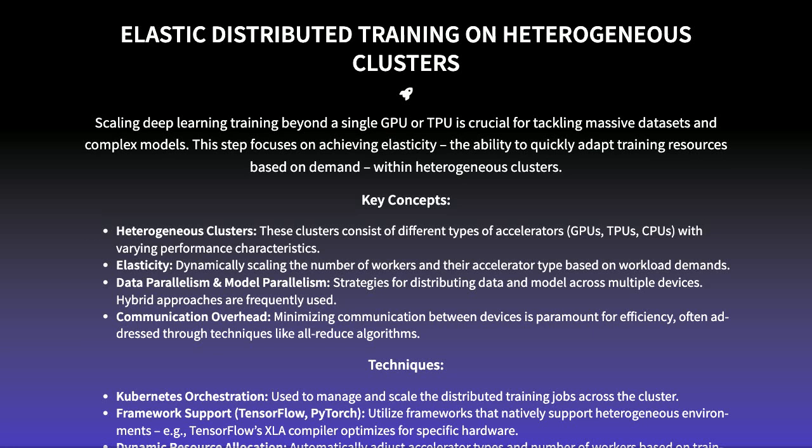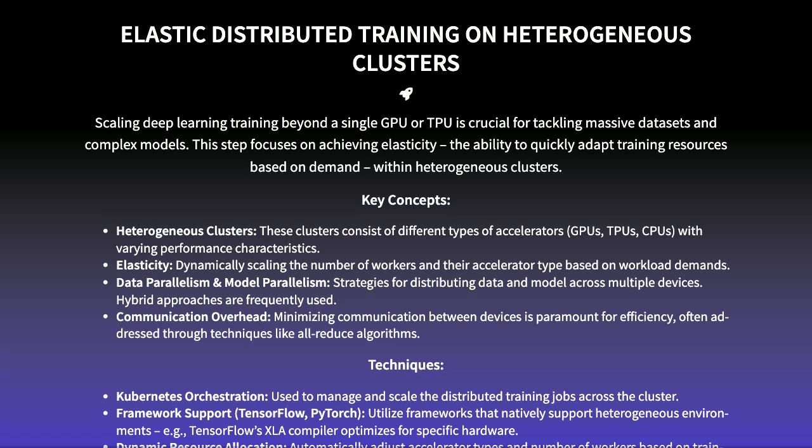Okay, let's talk about scaling deep learning training, specifically how we can handle really large data sets and models. We're moving beyond a single GPU or TPU and into the world of elastic distributed training on clusters with diverse hardware. These clusters might have different kinds of accelerators, like GPU and TPU, each with their strengths and weaknesses. The goal is to be able to quickly add more resources when needed. That's elasticity.